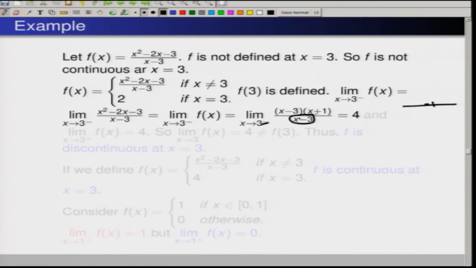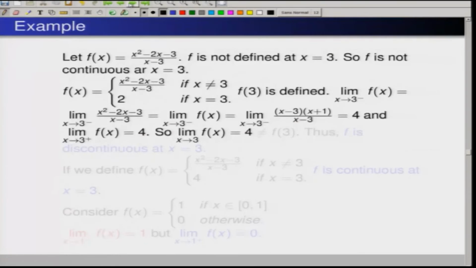So, we can factorize, and then what we are going to get is nothing but x plus 1, because this and this get cancelled. So, limit as x goes to 3 minus of x plus 1 is equal to 4. Similarly, we can find the right hand limit, which is also going to be equal to 4, because of the same phenomenon, x minus 3 is not equal to 0.